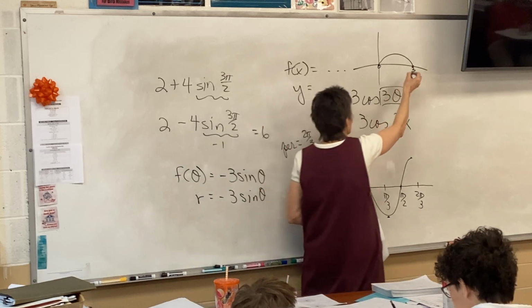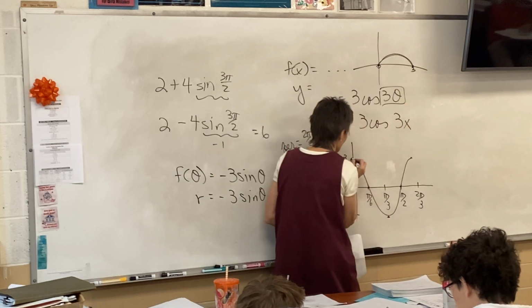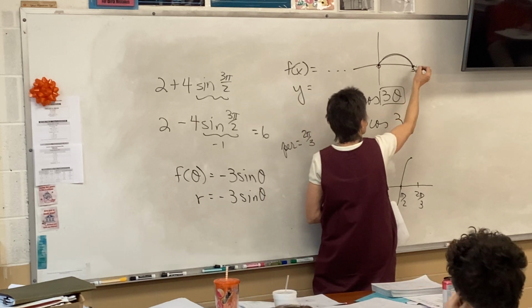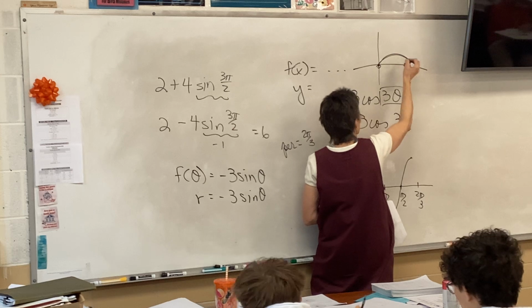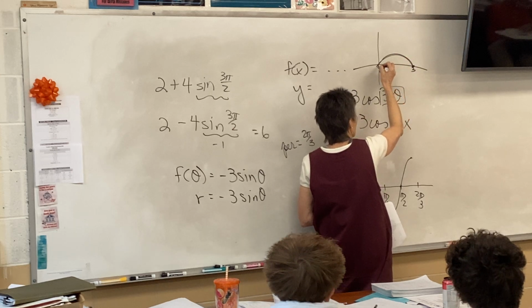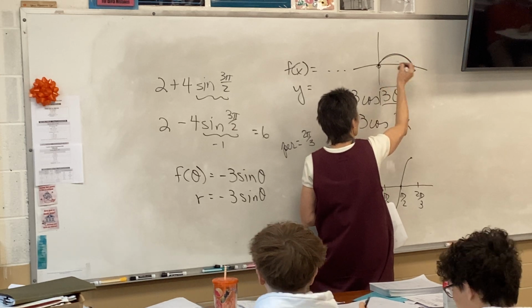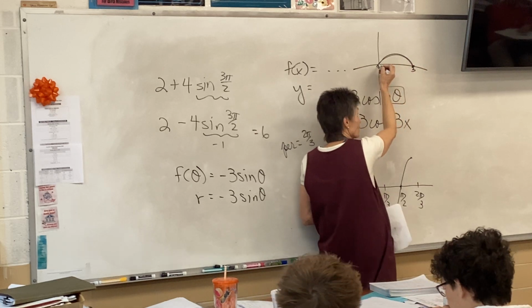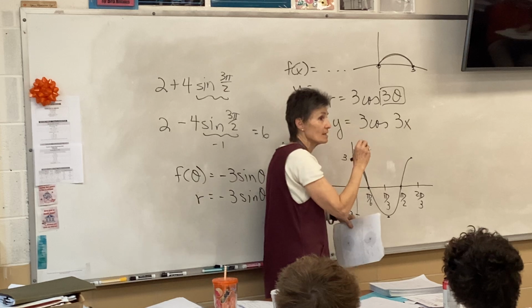So this part of the graph is this part of the graph, because we're going from where theta is 0 to where theta is pi over 6. All right? Theta is 0 right here. Theta is pi over 6 right here. How do I know that?